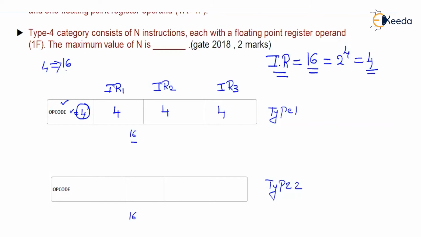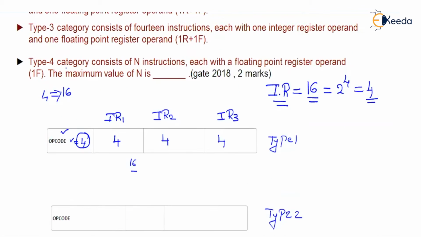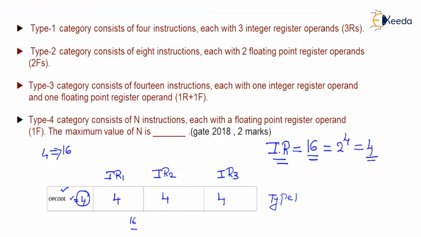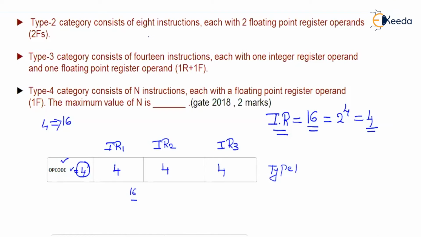No, we are not using all the 16 combinations because type 1 instructions are just 4. Out of 16 available combinations, I'm using only 4, because type 1 instructions are just equal to 4.